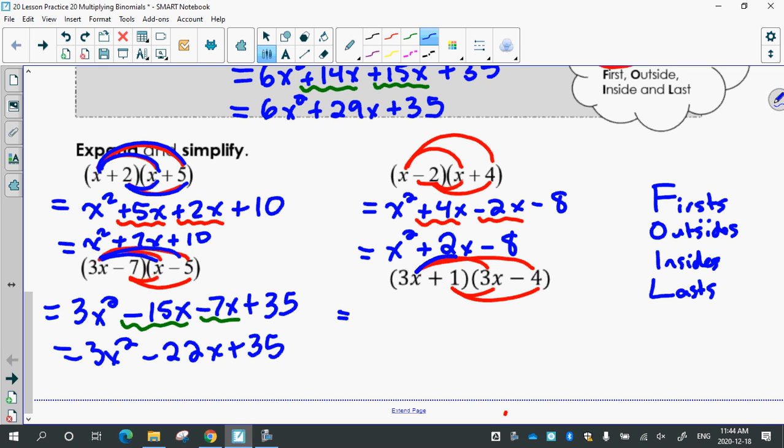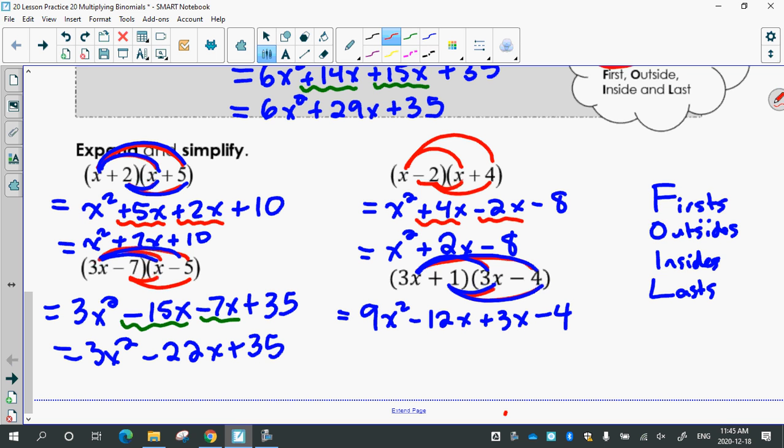So first, 3x times 3x is 9x squared. Outsides, 3x times negative 4, negative 12x. Insides, positive 1 times 3x, positive 3x. Last, positive 1 times negative 4, be careful, negative 4.